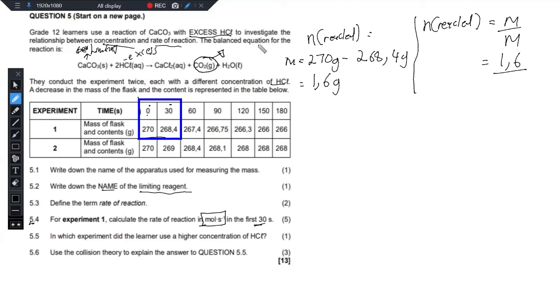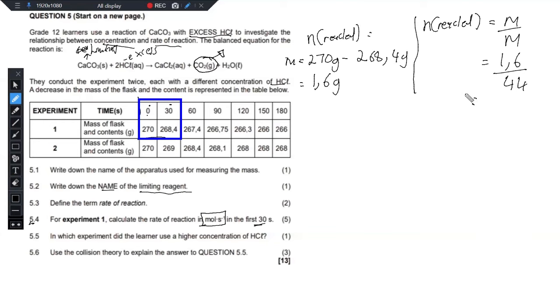So the only gas that we have here is carbon dioxide. Always put that in your mind, right? We are always using the gas in order to determine our reaction rate. So the rate in which the gas escapes tells us of our reaction rate. Then this is 44, the molar mass of carbon dioxide.